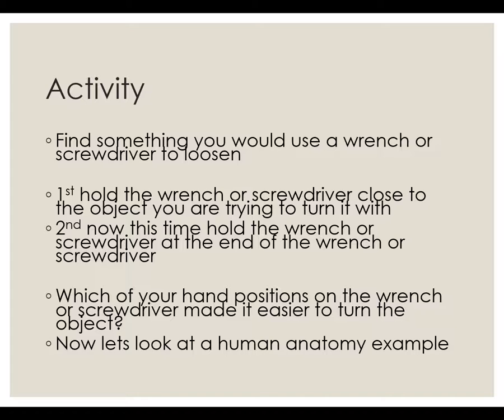We can place our hand up close to the knee, or we can place our hand further away from the knee, down by the ankle. Try both of those on someone, and which one's easier? Which one's harder for the patient to do, and which one's harder for you? And which one's easier for the patient to do, and which one's easier for you?